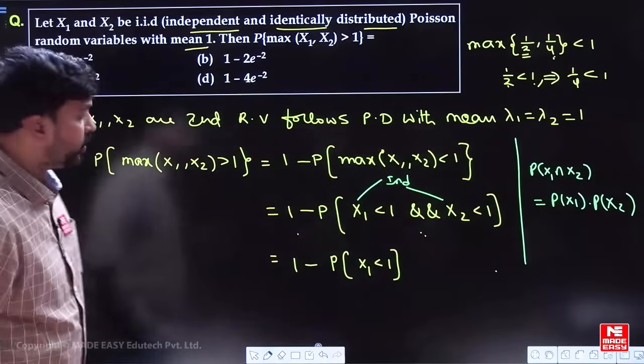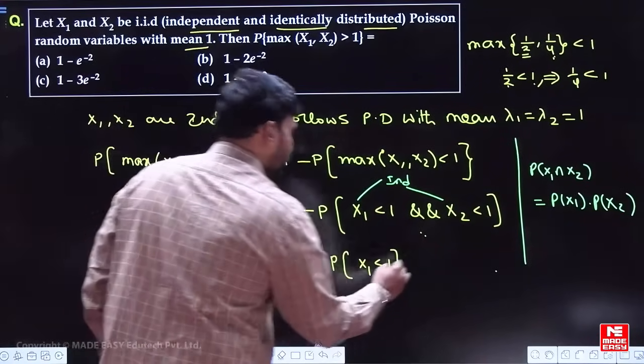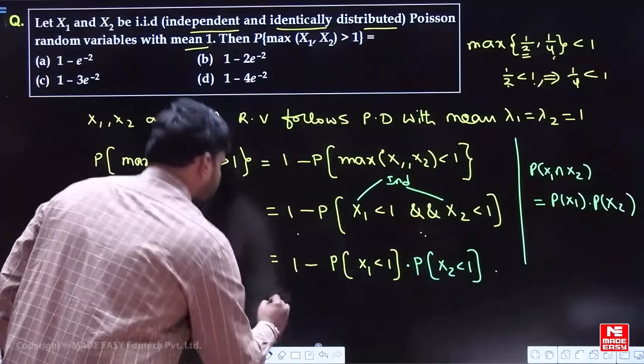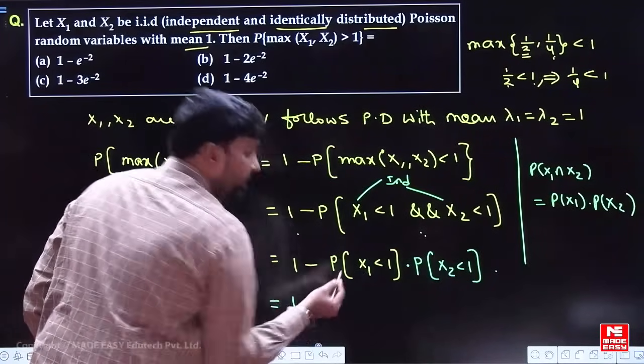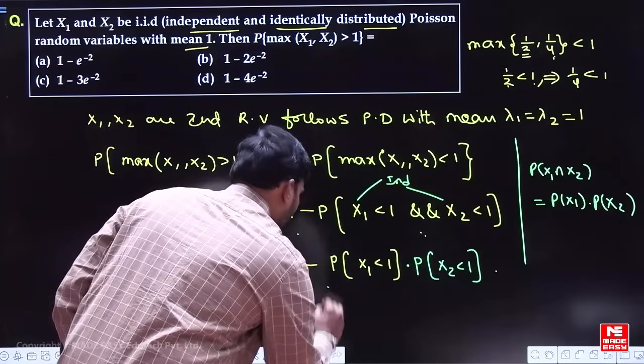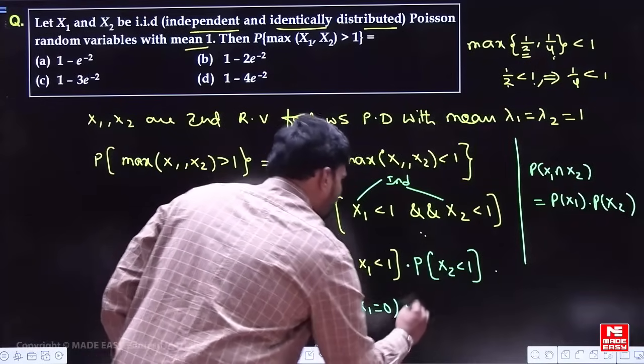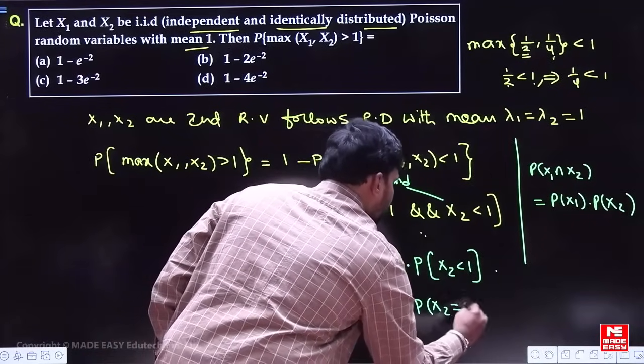I hope everyone knows this. So you use this into the probability of x2 less than 1. What does less than 1 mean? Less than 1 is 0. So that is the probability of x1 equal to 0 into the probability of x2 equal to 0 here.